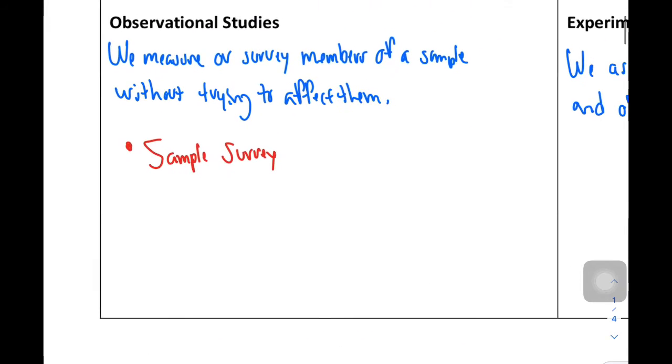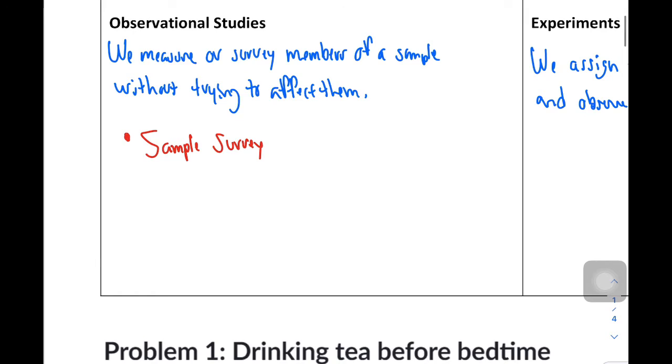But going back to observational studies, we measure or survey members of a sample without trying to affect them. For example, taking a sample survey and asking people about something that you're trying to gather for the bigger population. This would be, think of it like the present.